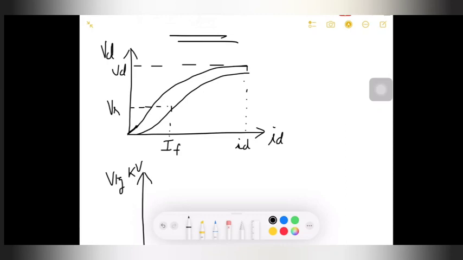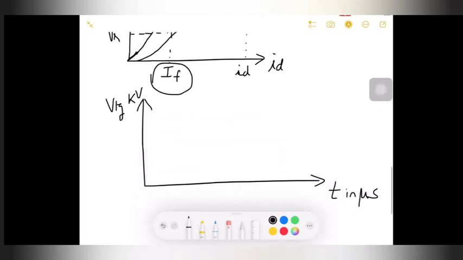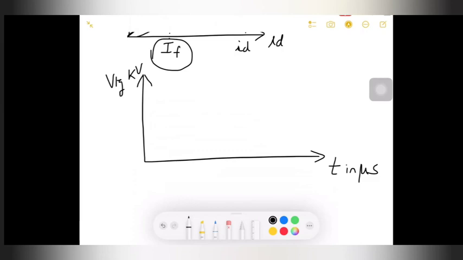VR is the spark voltage. We have a few more things, VP and VS. VP is the protective level that we can see in the next graph, so I will plot that also.